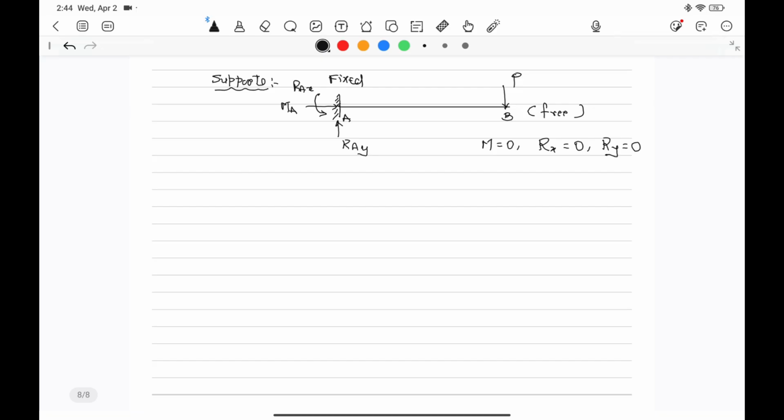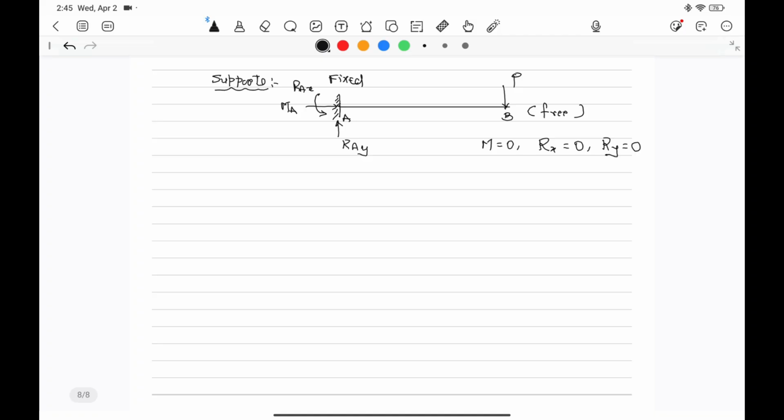That means at the fixed end, it is able to hold the beam because it is not allowing freedom for the beam to move horizontally, to move vertically, or to rotate. There is a moment to stop the rotation, a vertical reaction to stop the vertical movement, and a horizontal reaction to stop the horizontal movement if a horizontal force is applied.